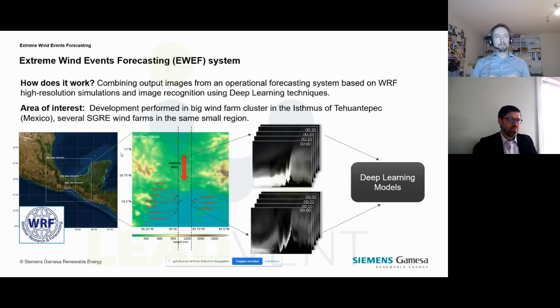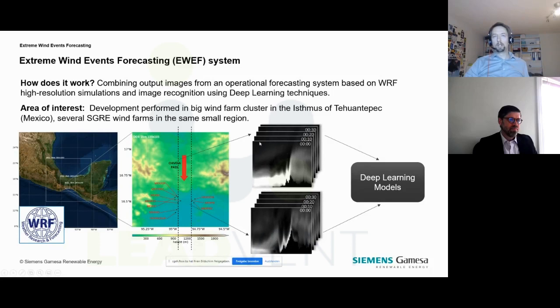And from these simulations, we are extracting images. Like I've said, you can see it also in the middle here. We are extracting, with the help of these vertical cross sections, images, and then we are taking one specific quantity, the wind speed, and using that for coloring these images. And then we get the cross section and can see visually the distribution of the wind speeds in this area.